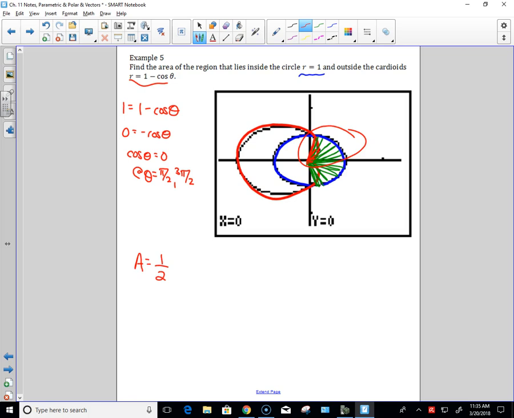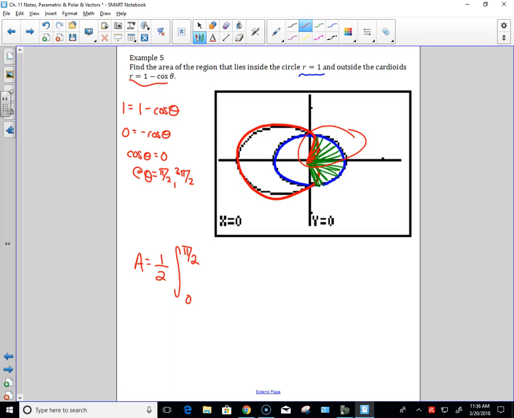I could technically take out the whole 1/2 if you want, that's okay, and make one big integral in this case because they're going to have the exact same bounds. The circle, if you were to actually graph it, goes from 0 to pi over 2, and the cardioid goes from 0 to pi over 2. Since they're moving in a sense like in tandem along their curves, it's okay. Sometimes this one's 0 to pi over 2 and that one might have different bounds, which is why they have them separate in the formula.